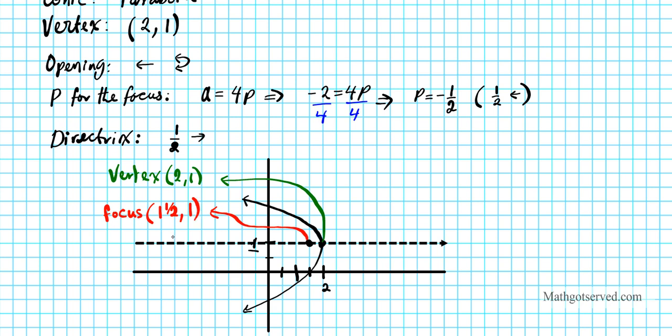Okay? Now next I'm going to graph the directrix. For the directrix, we're going to go 1/2 units to the right to this point right here. So that's going to be the directrix. It's going to be a vertical line. Let's go ahead and sketch that. There goes the vertical line. Okay, so there goes your vertical line.